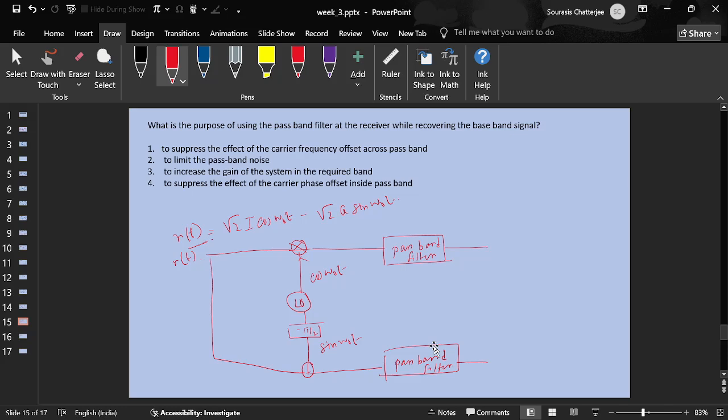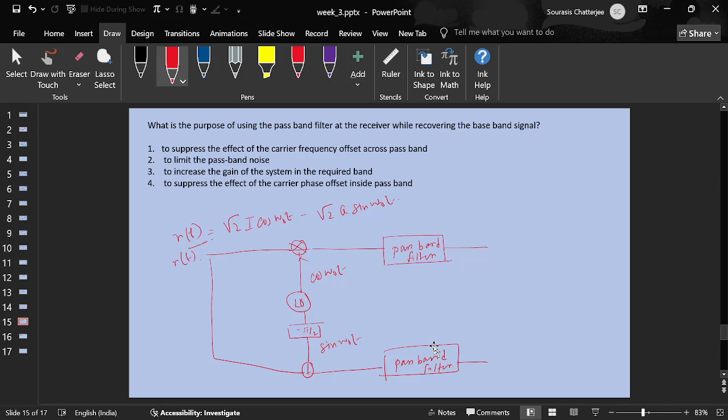And what do you mean by baseband? The original message signal. Quite correct, but basically baseband means when it's centered around zero frequency. But here, I don't see r(t) centered around zero frequency, right?